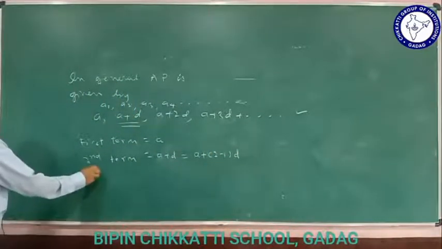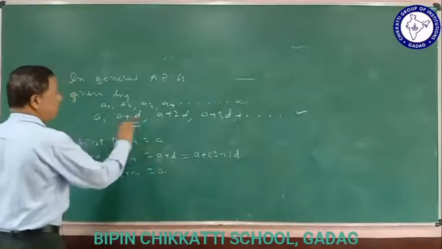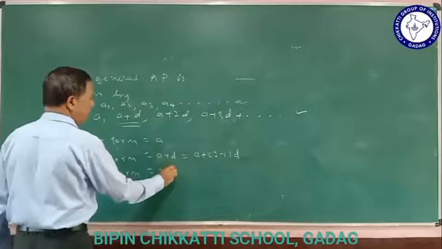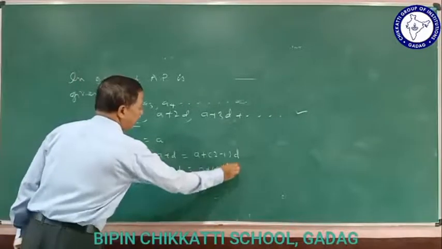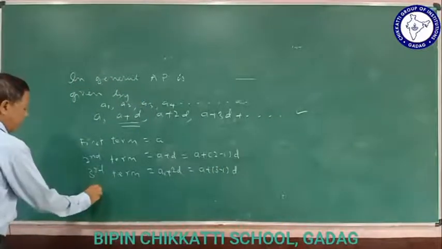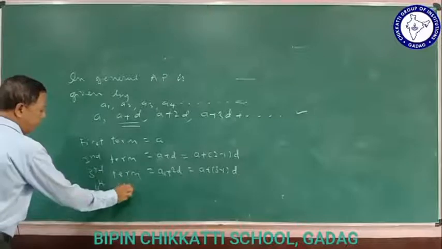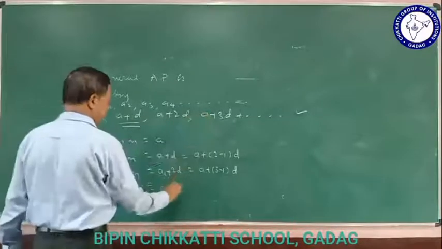Similarly, the third term, how do you say that? A, 1, 2, 3. The third term is A plus 2D. So you can write A plus 3 minus 1 into D. Likewise, the fourth term is equal to A plus 1, 2, 3, A plus 3D.